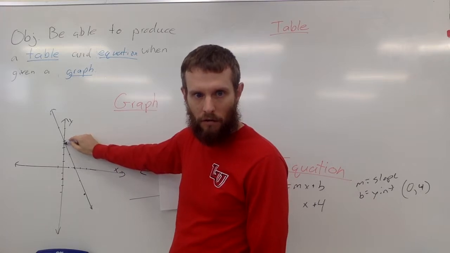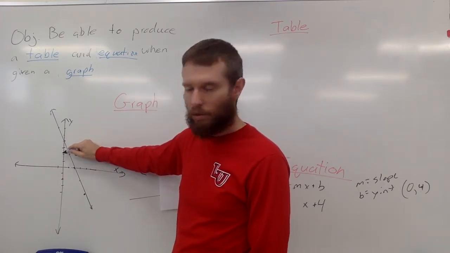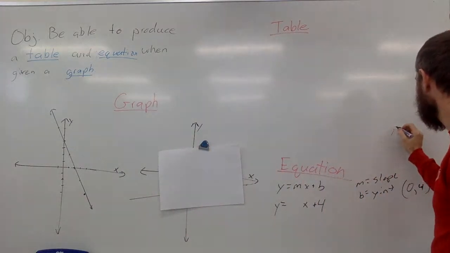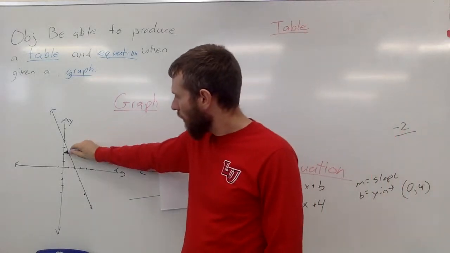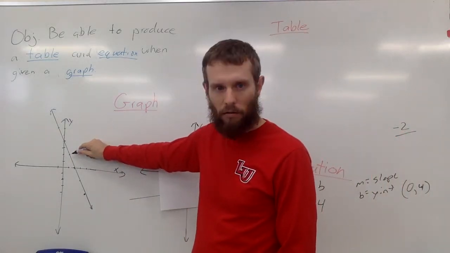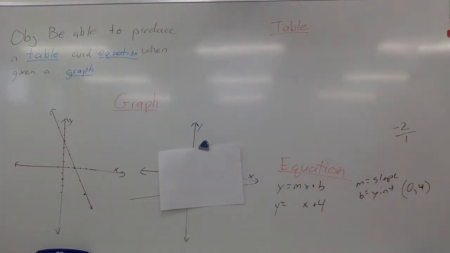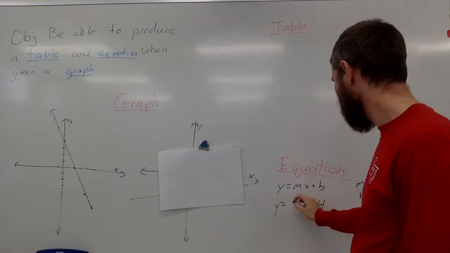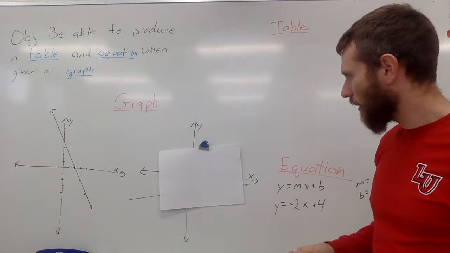To get from here to here, I need to go down 2, and down is a negative. Then right 1, and right is a positive. So my slope should be negative 2 over 1, and we can simply write that as negative 2.